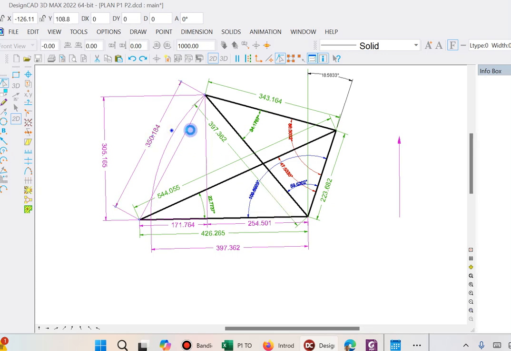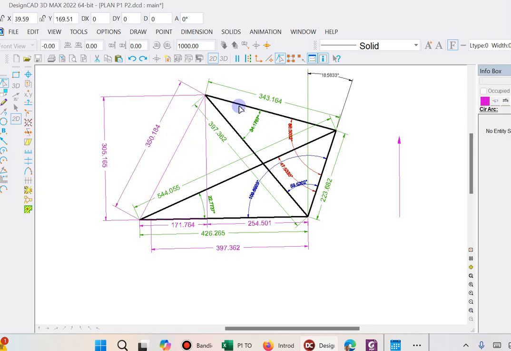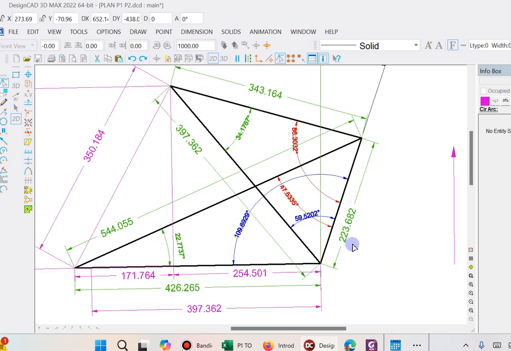Here's how you get the law. So we have to calculate these lengths, right? We have a distance here. This is the baseline, 223. And then you have to calculate these two angles here.